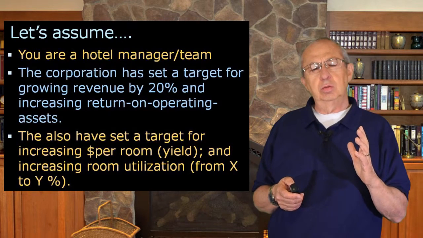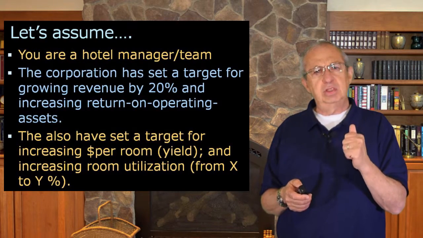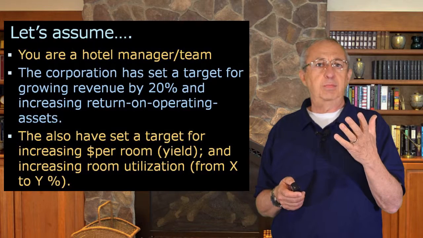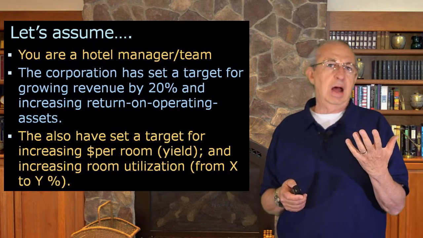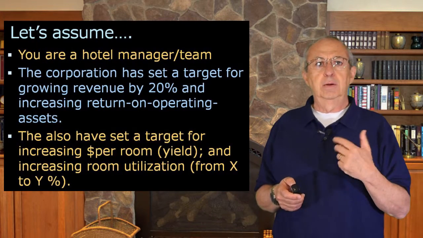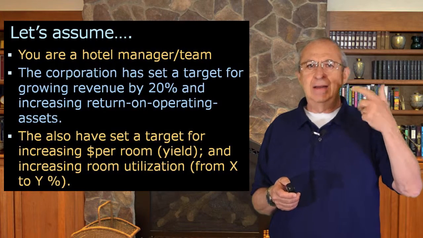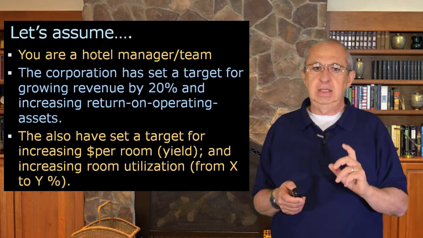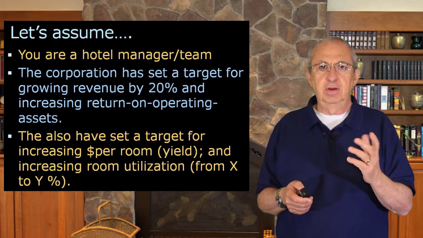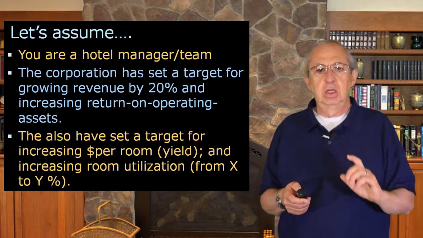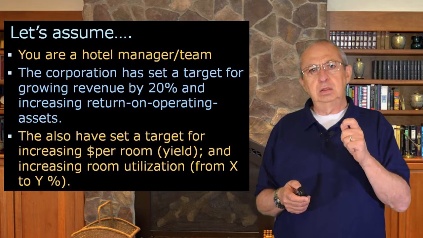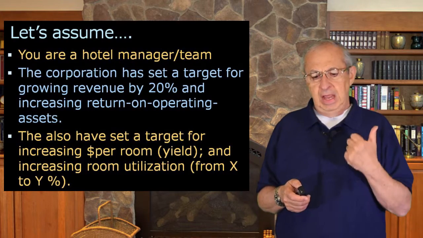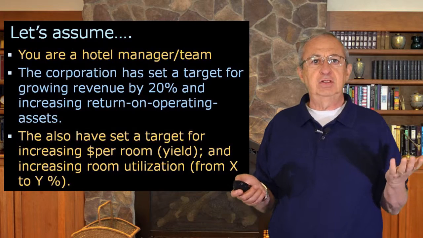So let us assume, and you can imagine that applying to almost any business, to hotels: what do we get per room, and what does it cost us to operate per room? And if we can increase what we get, which might mean fewer discounts or raising the price or lots of ways to get there, that would improve the economic performance of our business. So there's yield, dollars per seat, if you will, and then there's utilization, percent of seats filled.